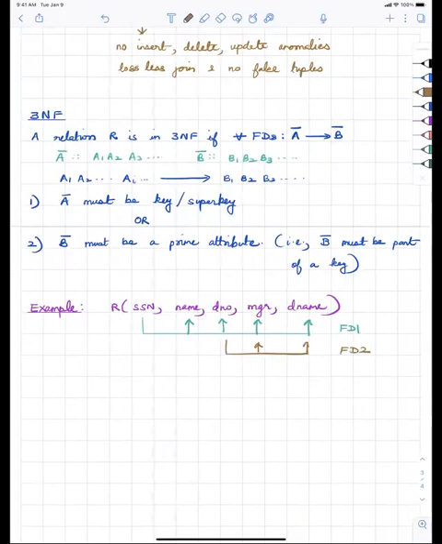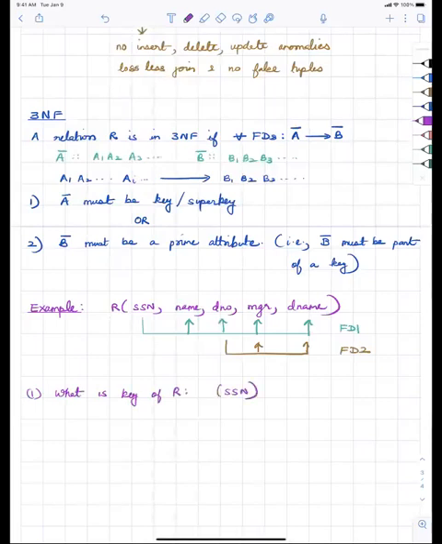So what we have to find out is whether this relation R is in third normal form. In order to find out, you first have to see what the key is. That's really easy from functional dependency one: the key is SSN.